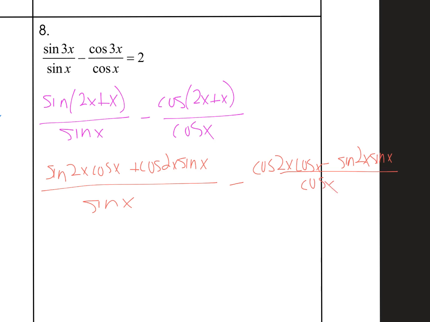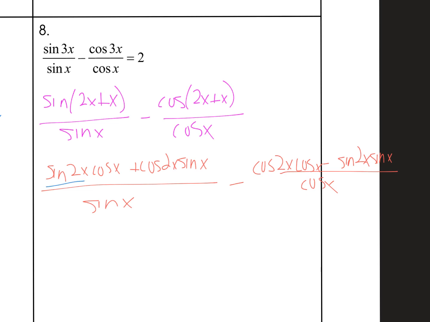Okay. I guess I'm going to... So I see a sine here, and I have a sine here. So I would like to have a sine up here. Same idea, I see a cosine, I'd like to have a cosine over here, because then I can get rid of denominators, and my fractions are easier.